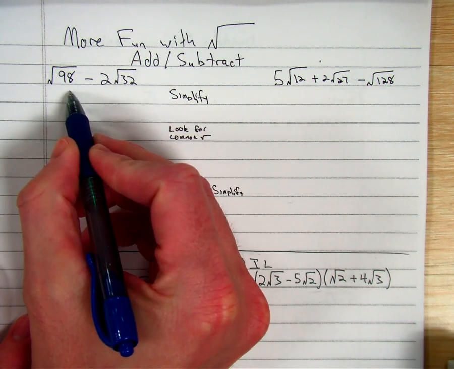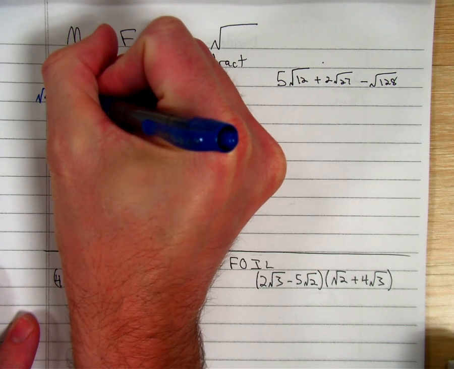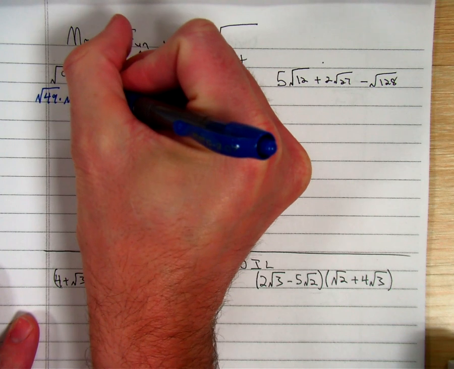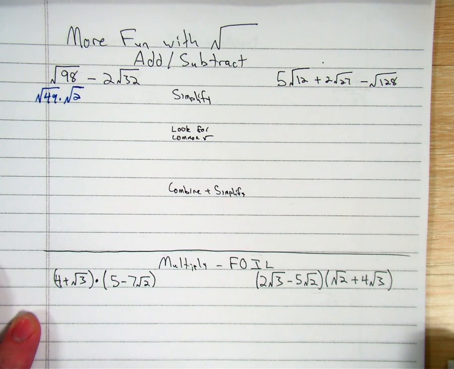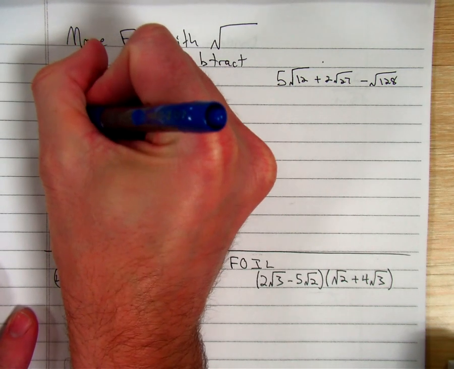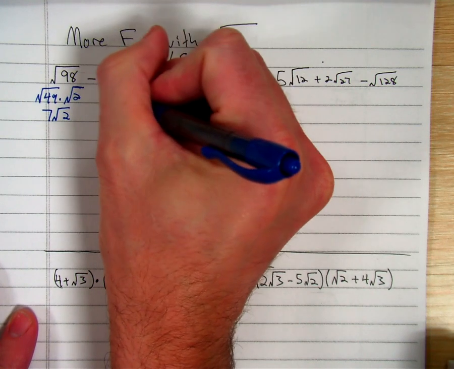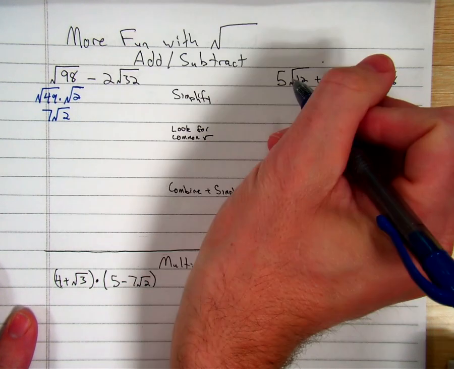So for the square root of 98, we're going to split that up into 49 times square root of 2, for a 7 radical 2, minus 2 times radical 32. We're going to split 32 up into 16.